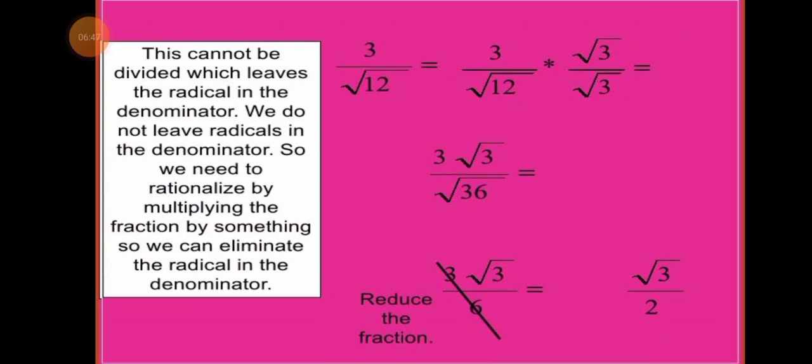We do not leave radicals in the denominator, so we need to rationalize by multiplying the fraction by something so we can eliminate the radical in the denominator. 3 divided by square root of 12 equals 3 over square root of 12 times square root of 3 over square root of 3, which equals 3 square root of 3 divided by square root of 36, which equals 3 square root of 3 over 6. The 3 is cancelled, so the answer is square root of 3 over 2. Reduce the fraction.